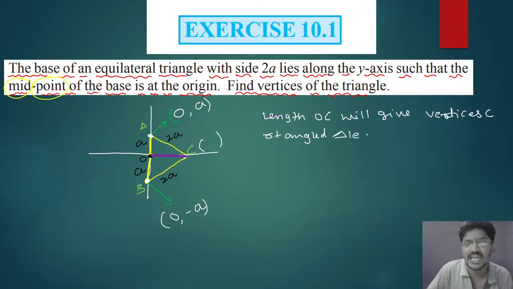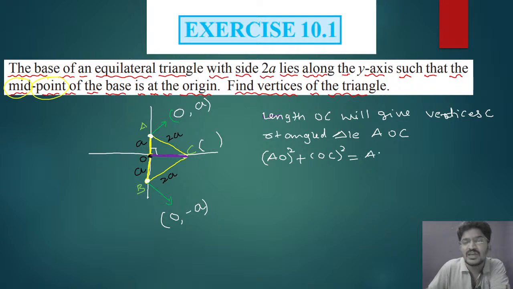Use the right angled triangle AOC. Here you can write AO square plus OC square equal to AC square.